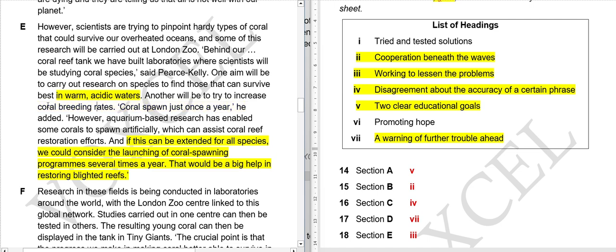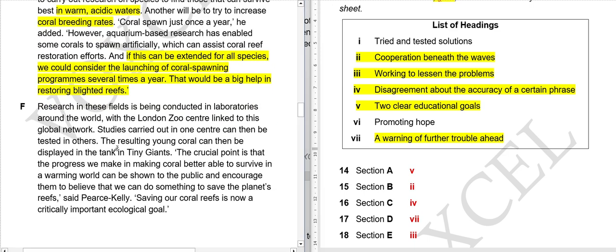Okay, and then they are saying that if they are able to do this, they will expand to the other program, but they are not saying it will become helpful, it will save the world. They are saying they will do it to other species as well, but they are not promoting any hope that this will solve the entire problem. That's why the sixth option is not suitable for this question. Clear?